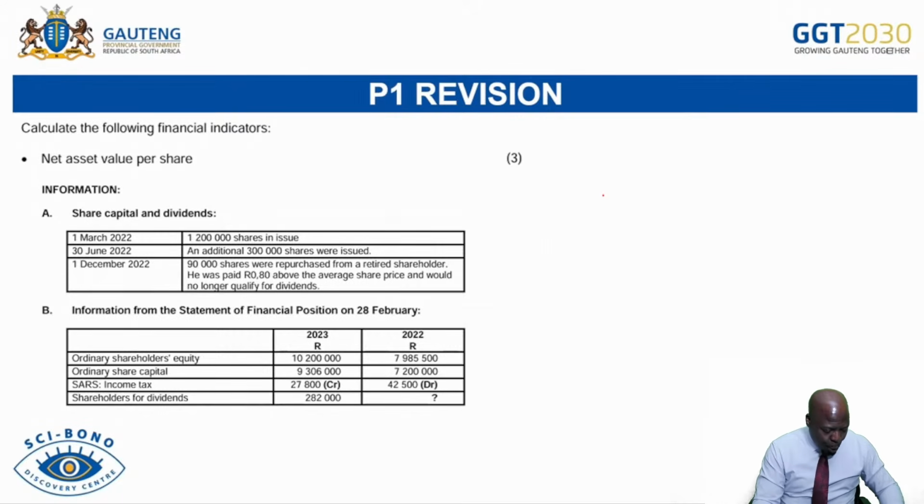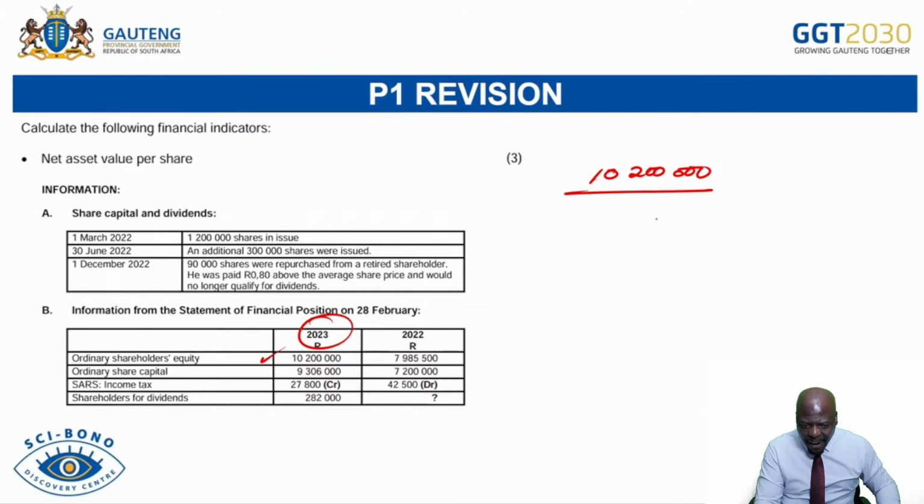All right. So you know that if I'm calculating NAV, remember we're in 2023. So I'm going to take my shareholders' equity, which is my 10.2 million over here, and I divide this by the number of shares. So I need the number of shares.